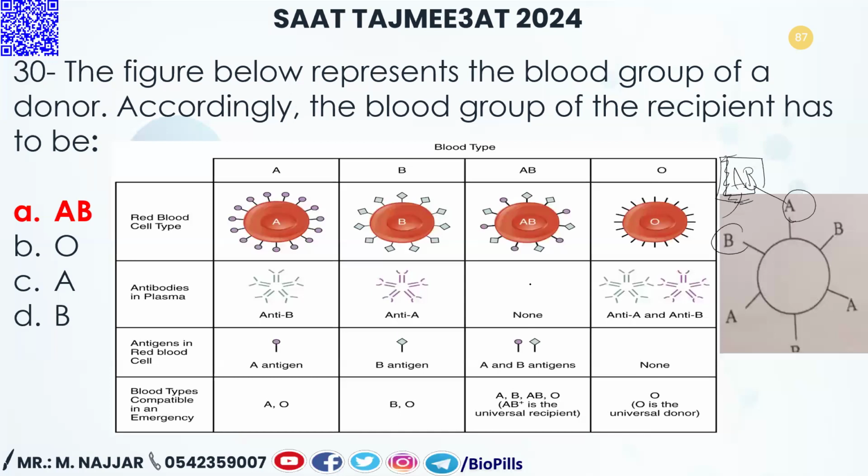AB is the only group whose blood has both antigens, but its plasma lacks any antibodies. So it can take from any blood group, because the plasma of this person has no antibodies to coagulate or react with it. That's why it is the selfish one.